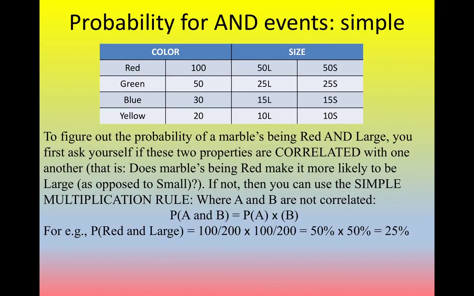Because large and red are not correlated, the probability of a marble being both large and red is just the product of the probability of its being red times the probability of its being large. In this case, that's 100 over 200 times 100 over 200, which is 50% times 50%, which is 25%.